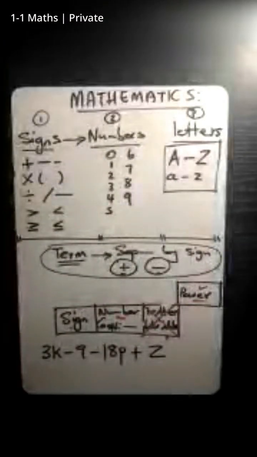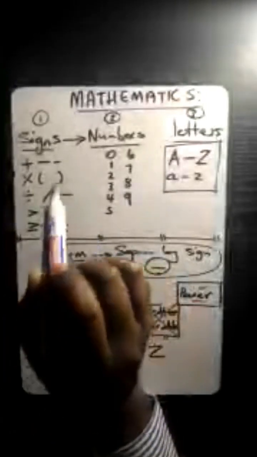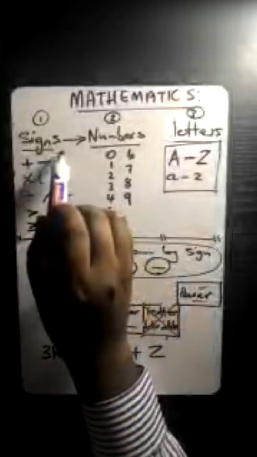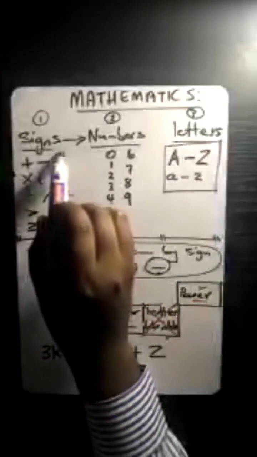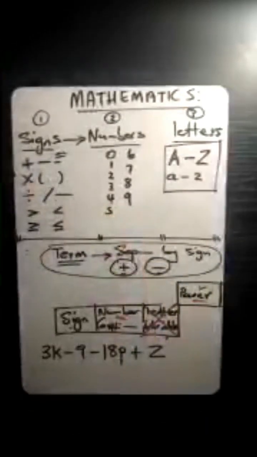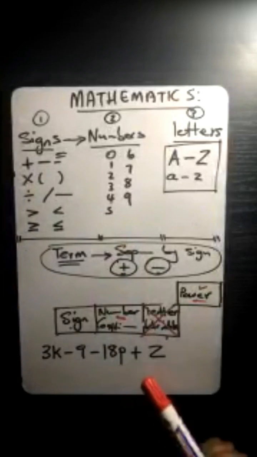How many terms are we having there? Maybe Sidwell, in the meantime, I forgot to add an important sign under the list of signs, being equals to. This is a sign also. Equal sign. Yes, it's a sign. Okay, let's see. Not to interpret, but how many terms are we having there?